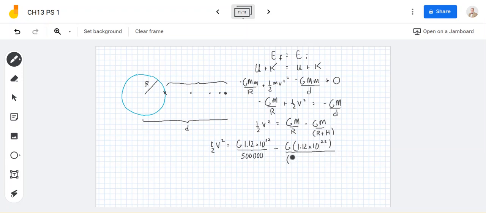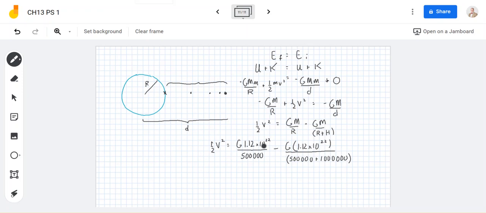And this r plus h was 500,000 plus, it says it was released from 1,000 kilometers. So let's plug and chug this.